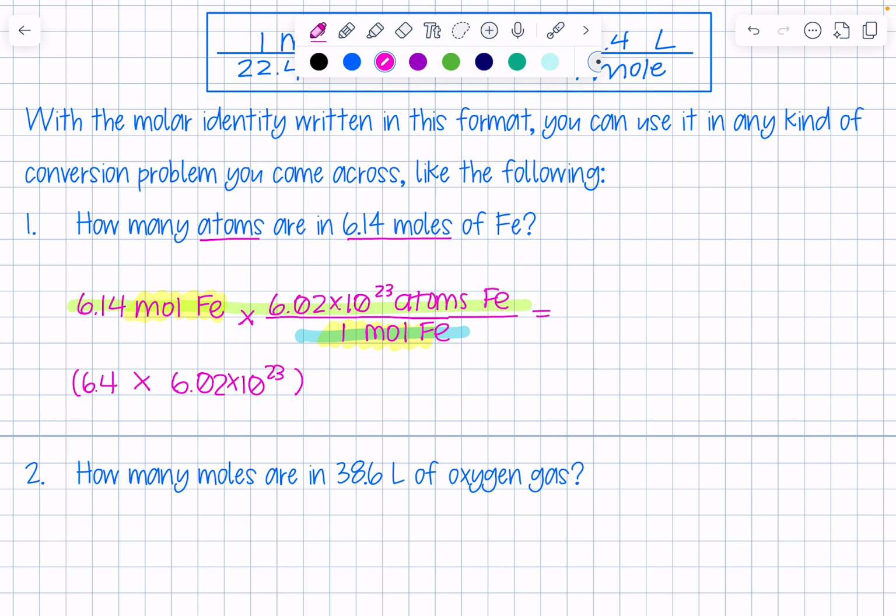Please be careful with your scientific notation when you type it in the calculator. Divided by 1. Again, there's that bottom number, and there's everything that's on the top. So the answer that I get for this problem is 3.696 times 10 to the 24th atoms of iron.